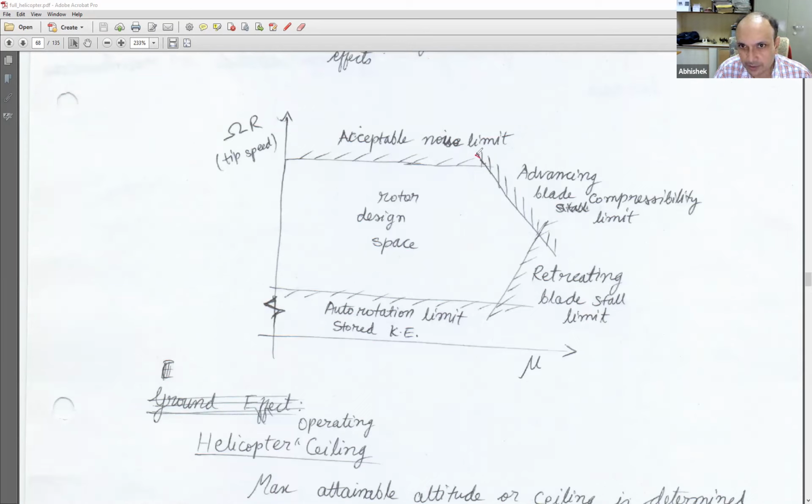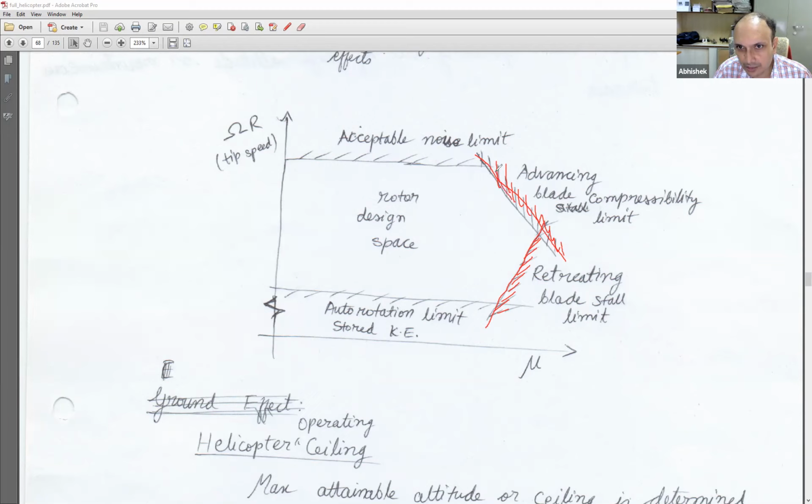And that is this particular line which gives you the limit for advancing blade compressibility. For lower tip speed and higher velocities, there is another requirement which we call retreating blade stall. So this is the retreating blade stall limit.